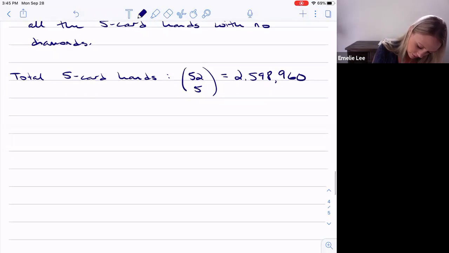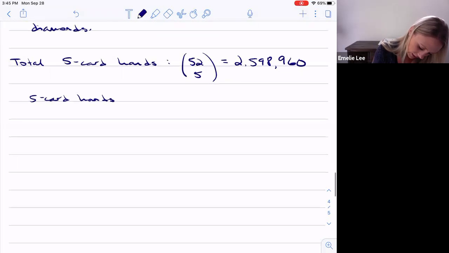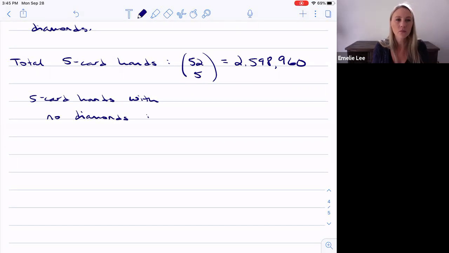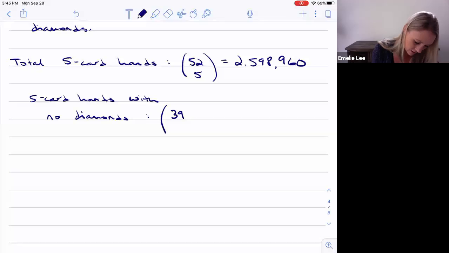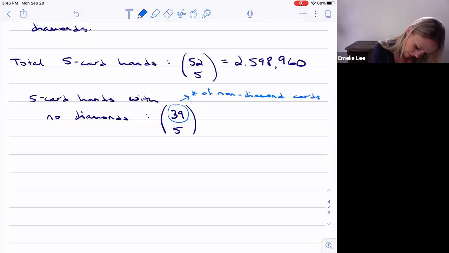So now we can find 5 card hands with no diamonds. I pull all my diamonds. There's 13 diamonds. So now I'm left with 39 cards to choose from, right? So I've got 39 choose 5. The number of non-diamond cards is the 39.